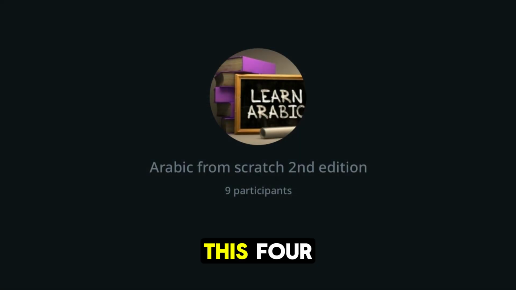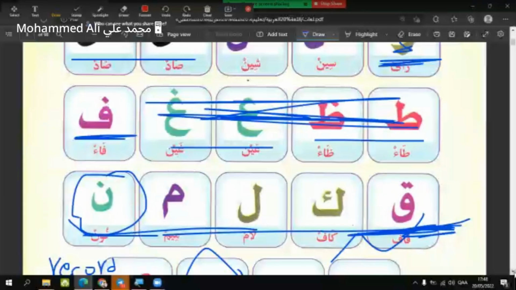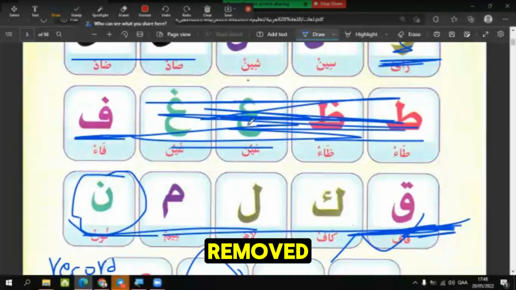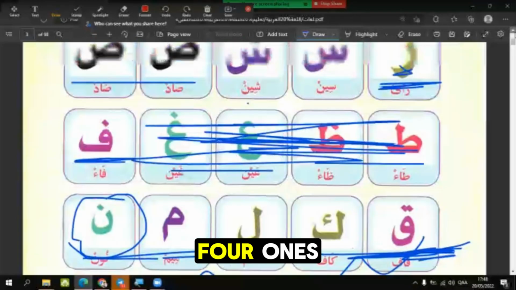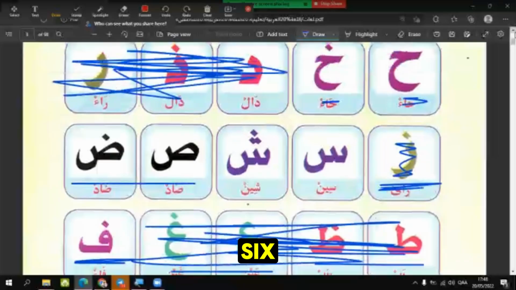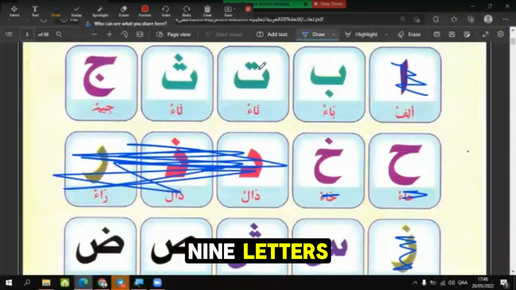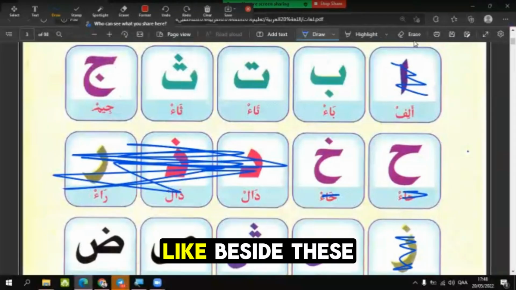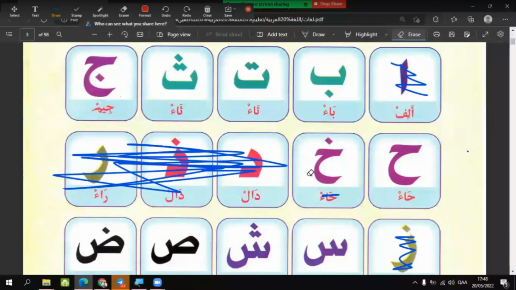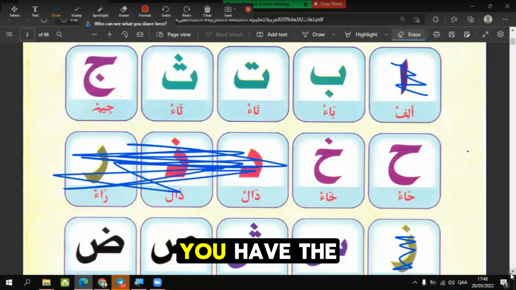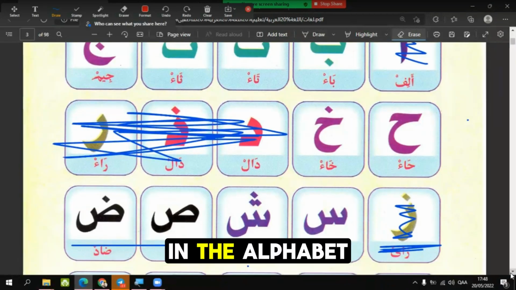Neither are these four. Other than this, how many letters have I removed? 4, 5, 8, 9. I removed 9 letters. Beside these 9, you have the other 20 letters in the alphabet.